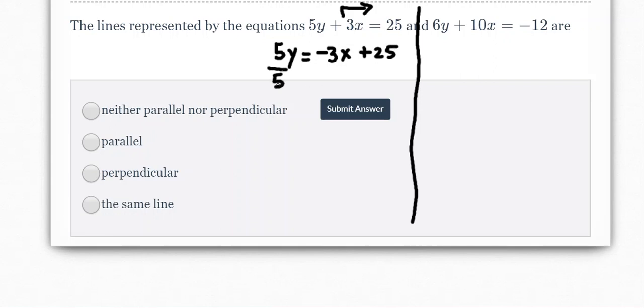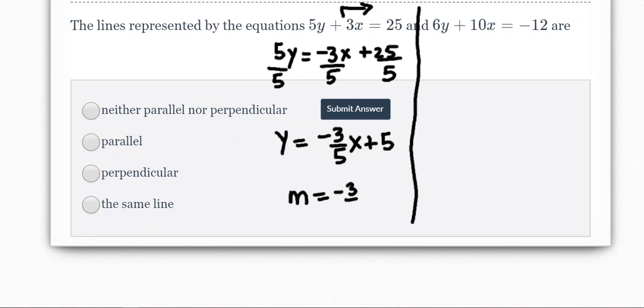And then we divide by 5 every single term. 5 over 5 cancels, and we're left with y equals negative 3 over 5x plus 25 over 5 gives us a 5. So this has a slope of negative 3 over 5 and a y-intercept of 5.